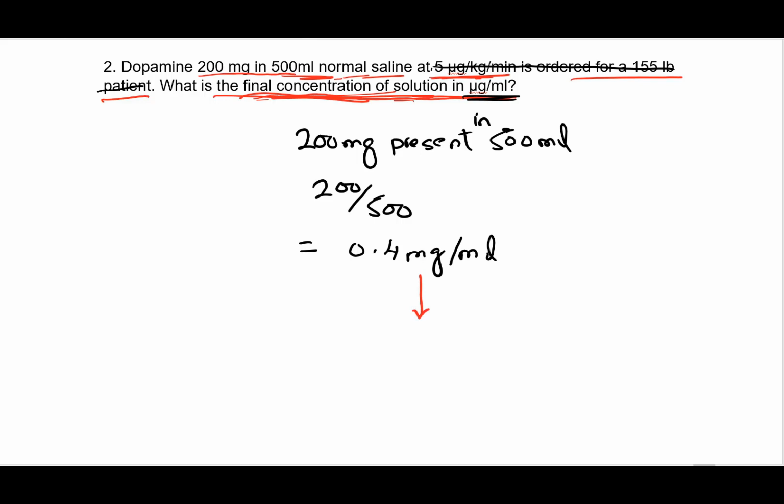Going from milligrams to micrograms is going from a bigger unit to a smaller unit, so the decimal should move towards the right by 3 places. That would be 1, 2, 3, and that would be 400 mcg per mil. That's the answer.